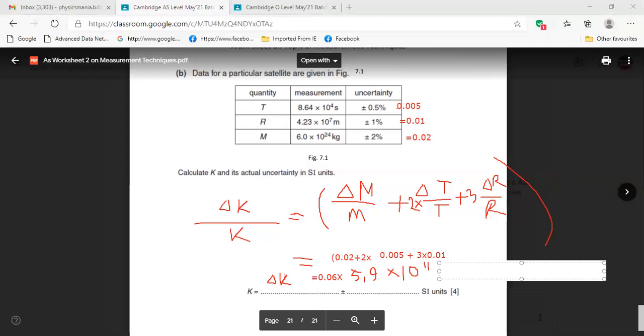Del k is 0.354, right? 354 into 10 to the power 11. Yes, sir.